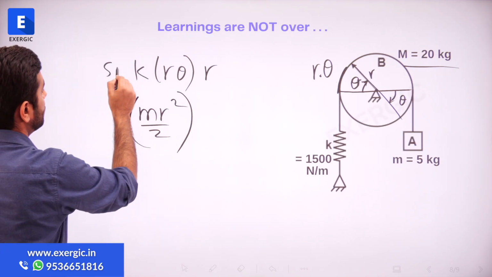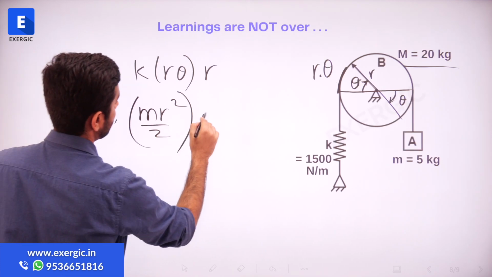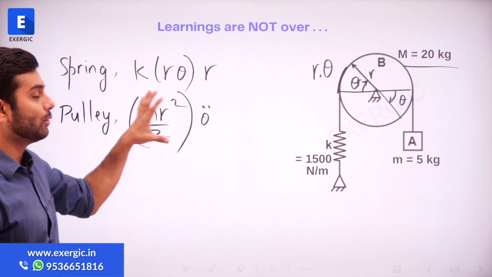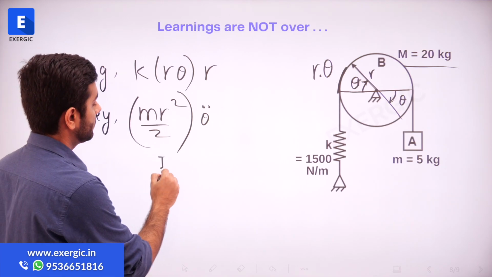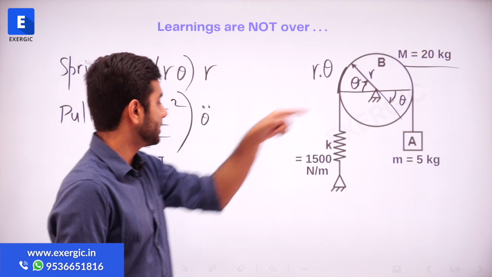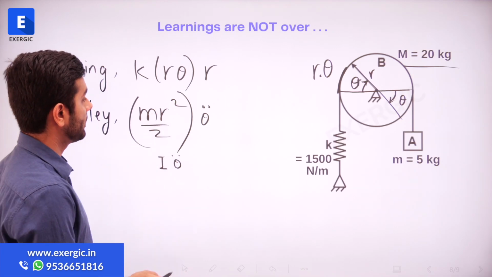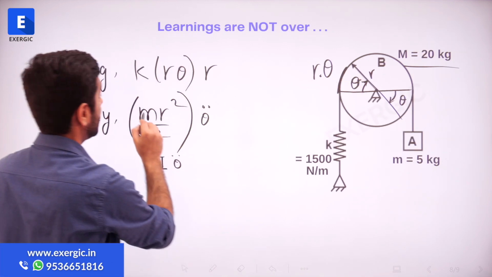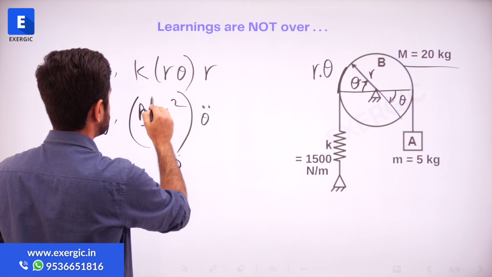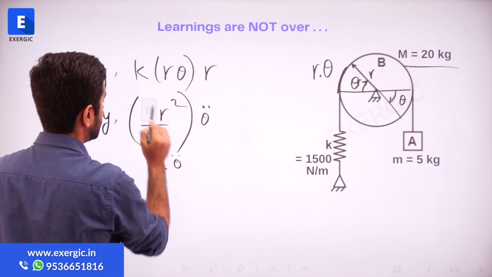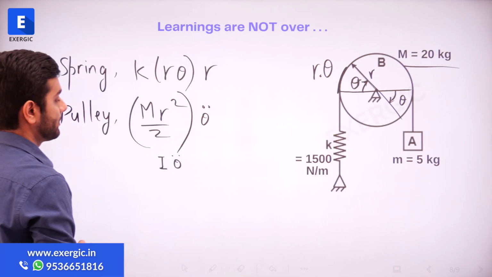So for the pulley, the moment that it is going to offer is I of the pulley about this center multiplied by theta double dot. So this I is Mr square by 2, this is the value of r, and this M is capital M, not small m. Capital M represents the mass of the pulley, small m represents the mass of this block, right?